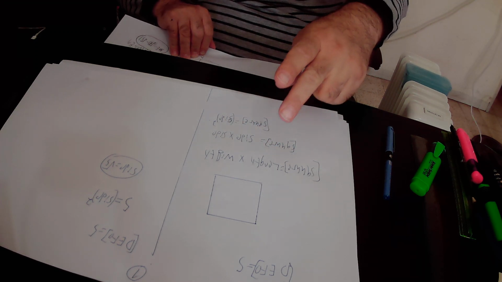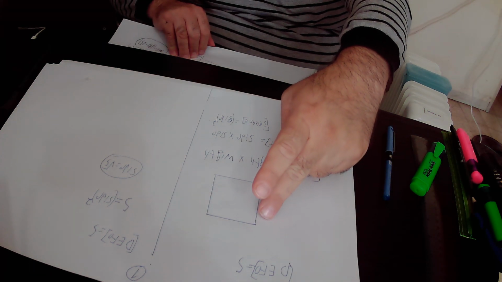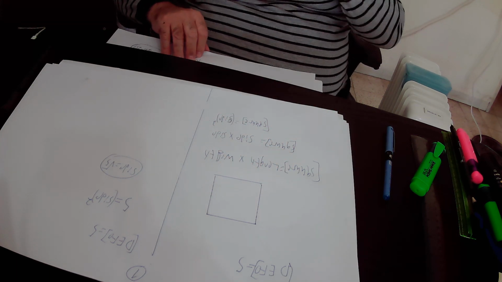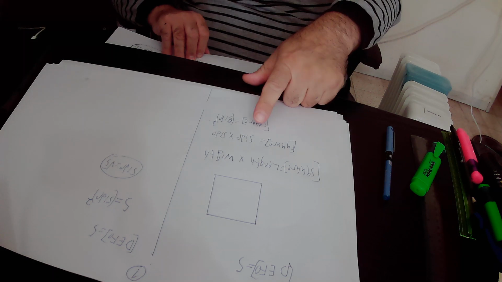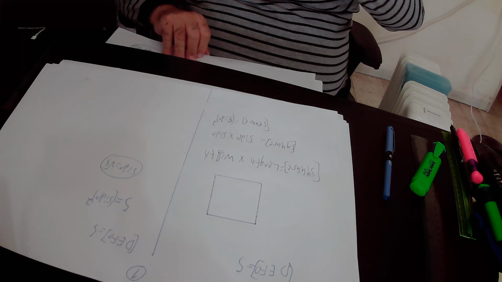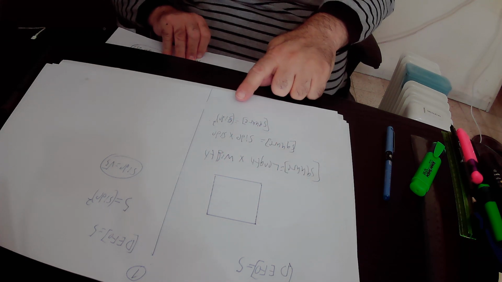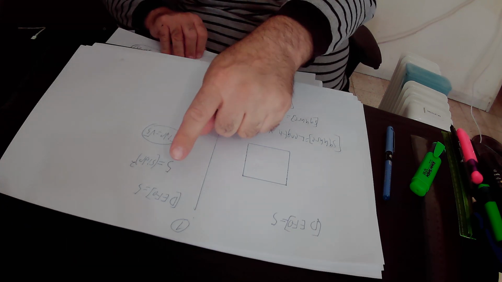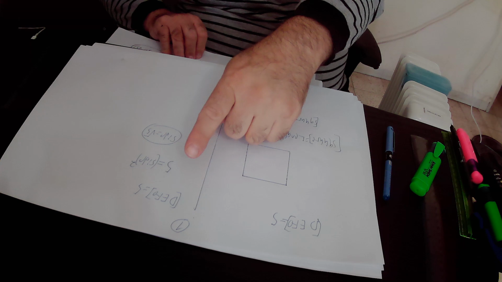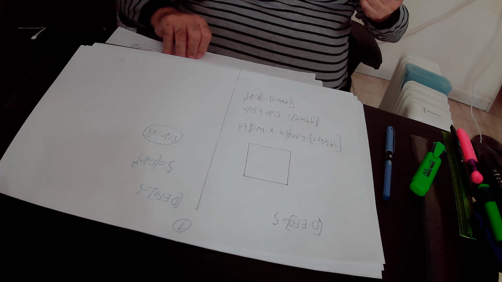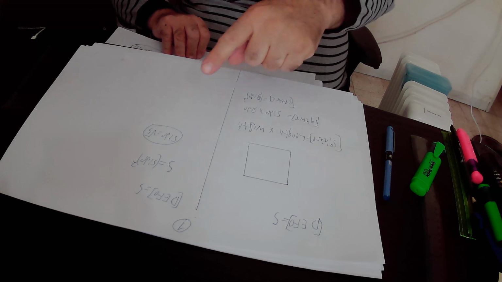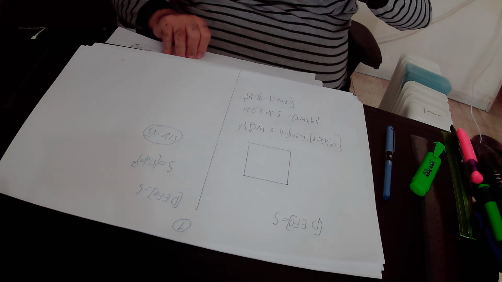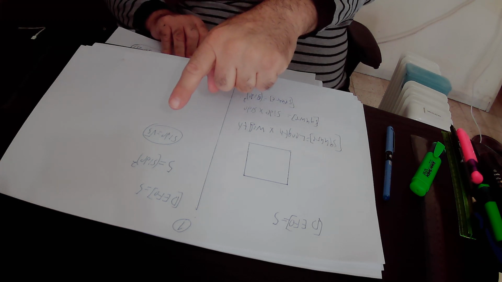So the area of this square will be equal to one side times the other side. They are the same in length, so it is side times side. That is to say, the area of this square equals the side squared. We know that the area of our square is equal to 5 square units, so we substitute: 5 equals the side squared.